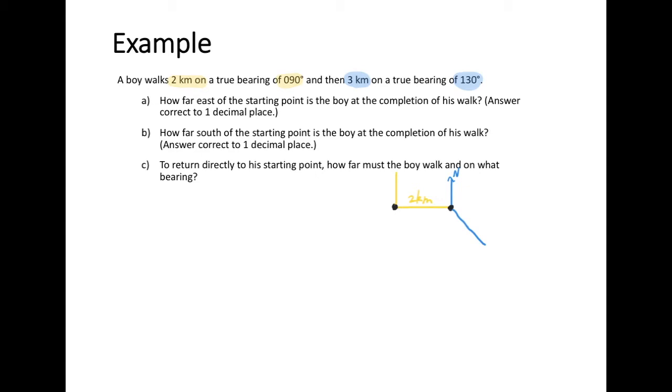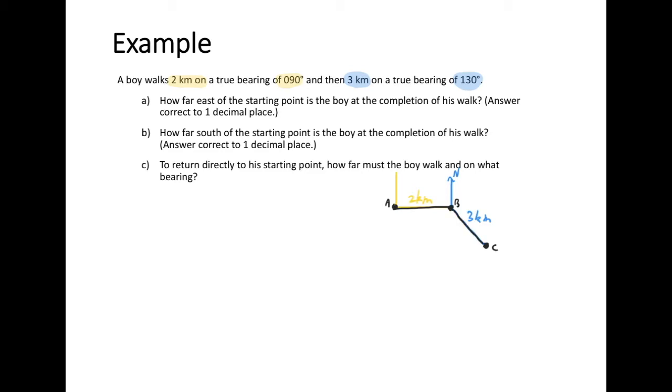And that is a 3 kilometer walk. And the boy ends up at this point down here. So we're going to label our points A, B, and C. So we now have a diagram with the boy's walking path, and that is 2 kilometers, 90 degrees true north, and then 3 kilometers, 130 degrees true north.